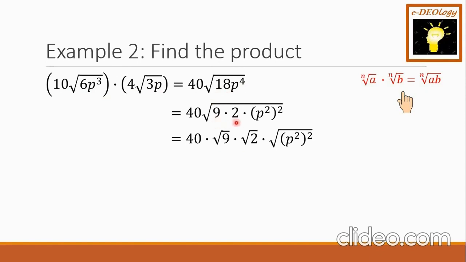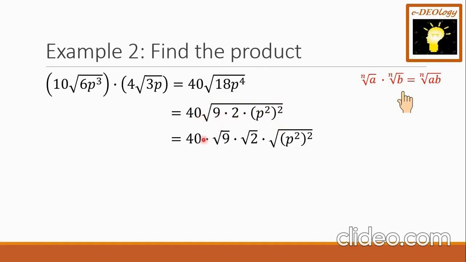9 times 2. The number 9 is the perfect square number. For the p raised to 4, we're going to show that this is p squared and again squared. After that, we're going to distribute the radical to each of the terms inside the radical symbol.